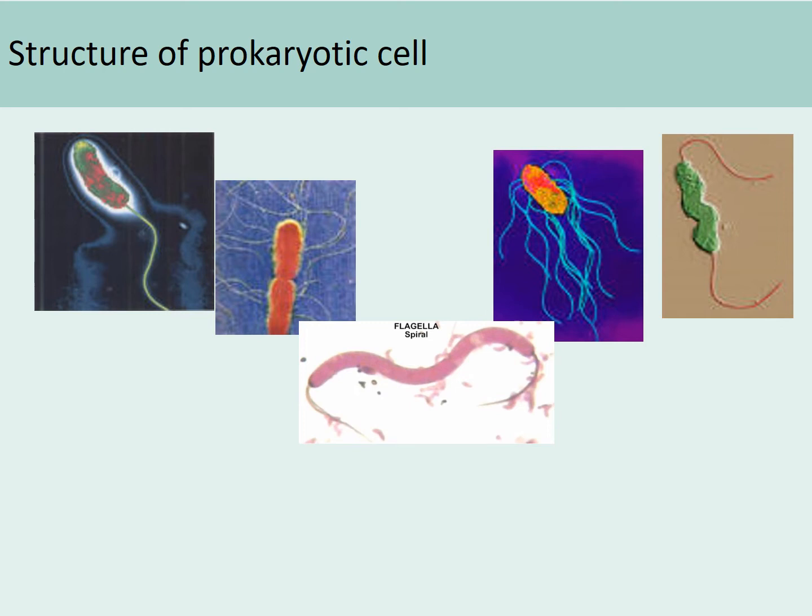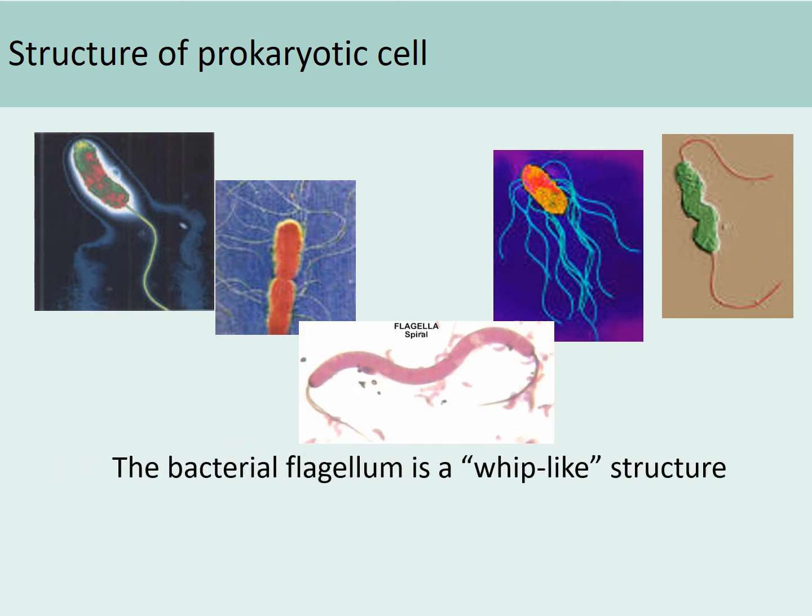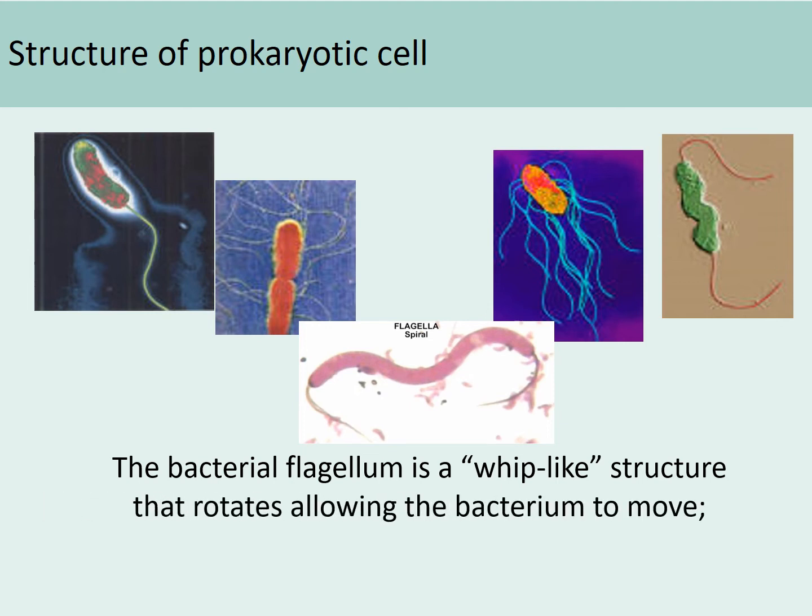Some of them don't have them, but they are kind of like this tail-like structure that you find in some prokaryotic cells. So the bacterial flagellum is a whip-like structure, and it rotates, allowing the bacterium to move, because obviously they are single cell, they do not have legs, so they need to be able to get around, and they use the flagella in order to do that.